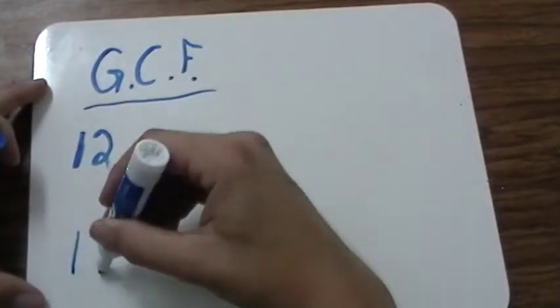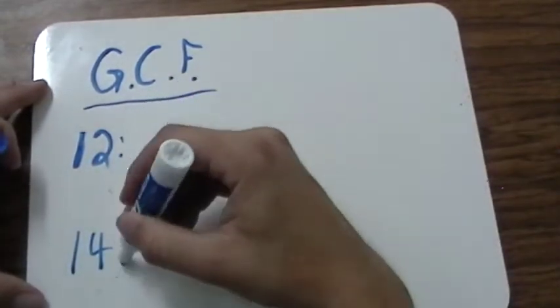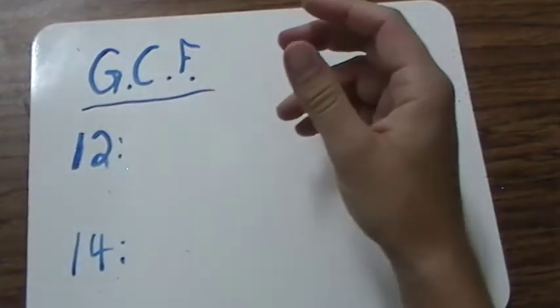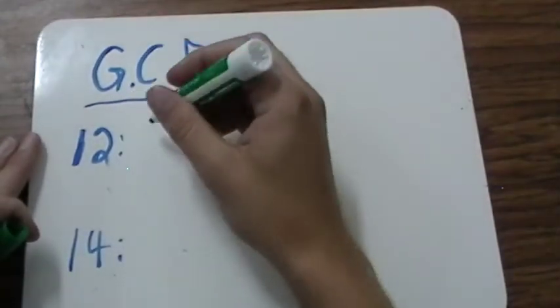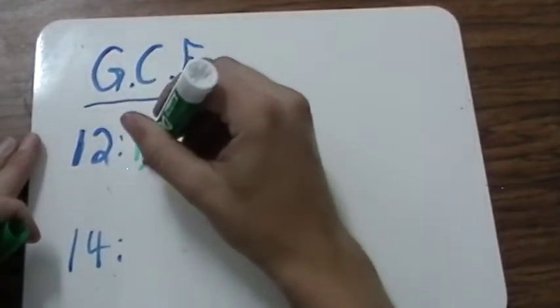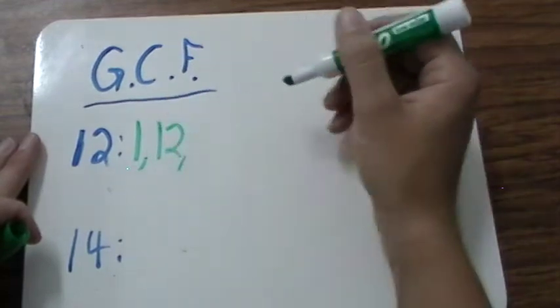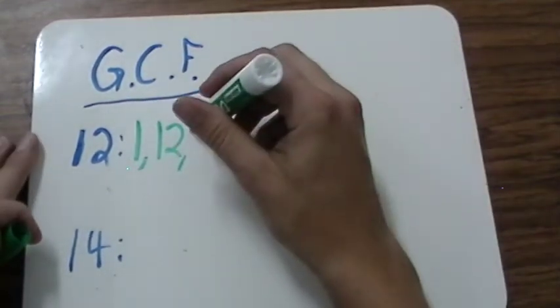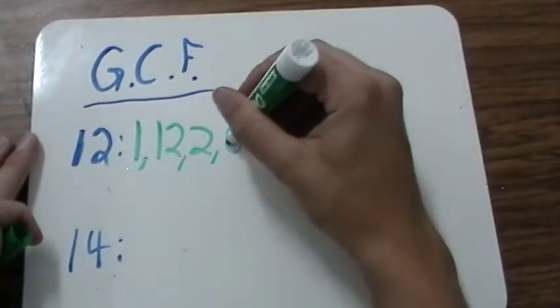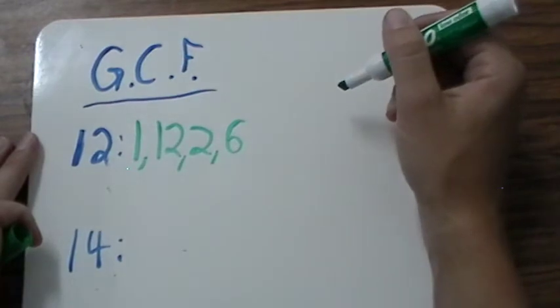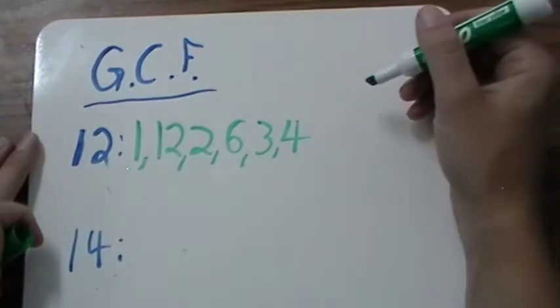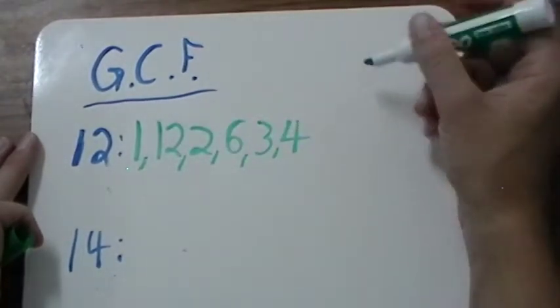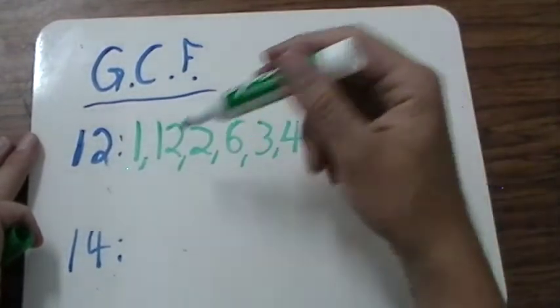Let's rewrite them so they're like this. All right. Think. What numbers multiplied together give me 12? Oh, 12 times 1. Okay. 2 times 6. Good. Anything else? 3 times 4. Good. Those are all the factors of 12. 1, 2, 3, 4, 6, 12.